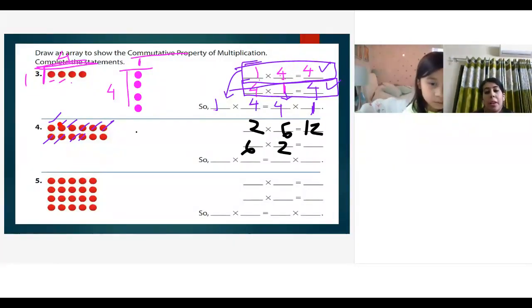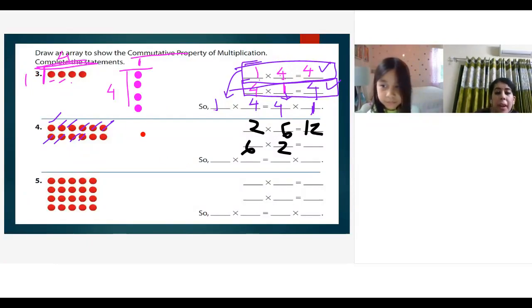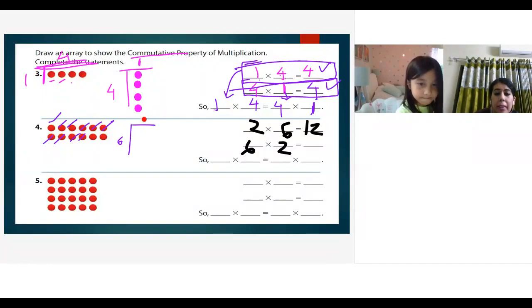Always write it like this. This is 6 and this is 2. Now you can mark the counters. First, mark 1 counter.